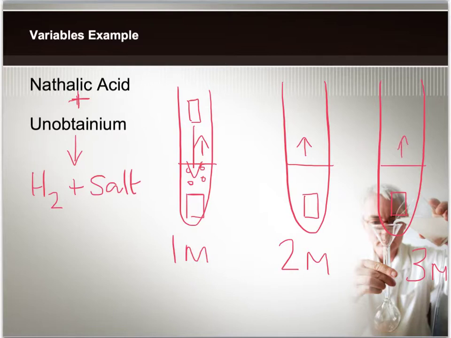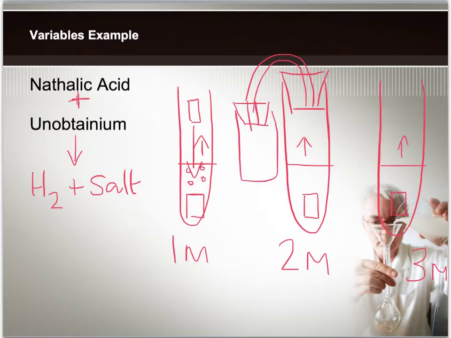We are going to have to collect that gas using a bung and a pipe that goes to a different container in which we collect the gas. This isn't quite how a chemist would do it, but it's close enough. And our hydrogen gas ends up in here.